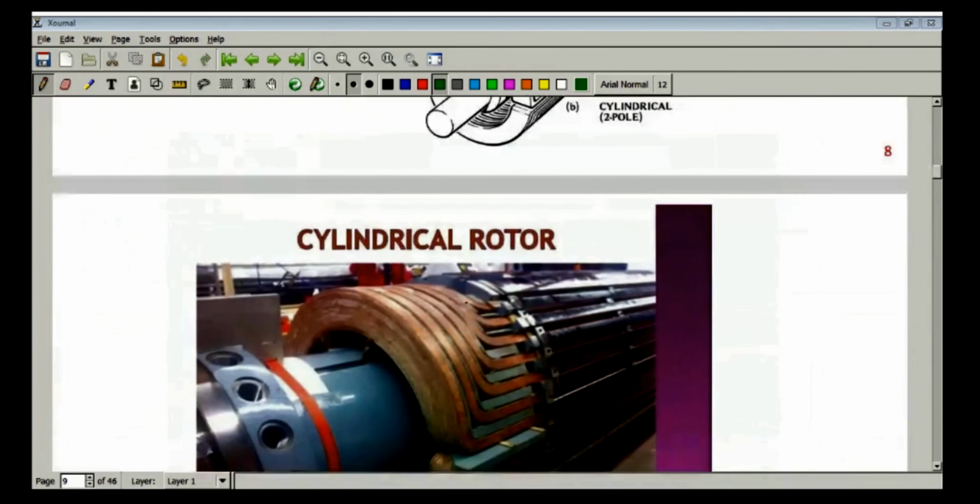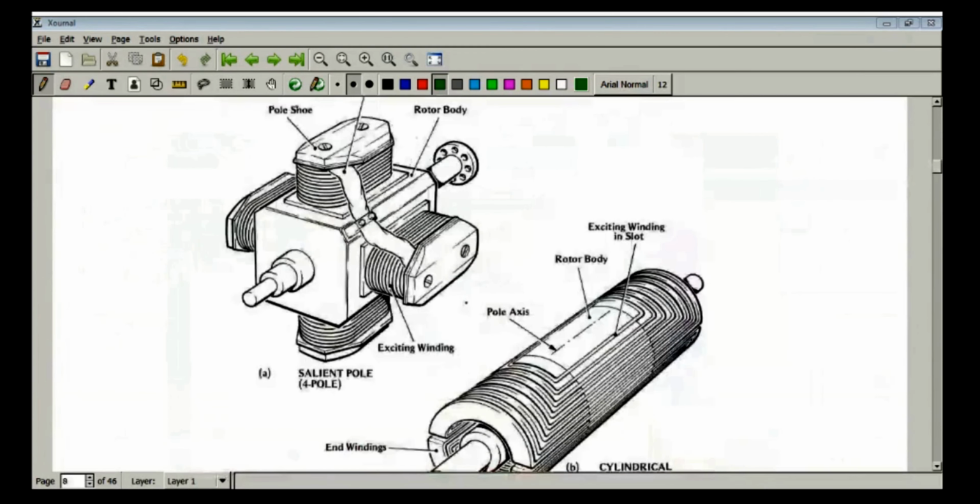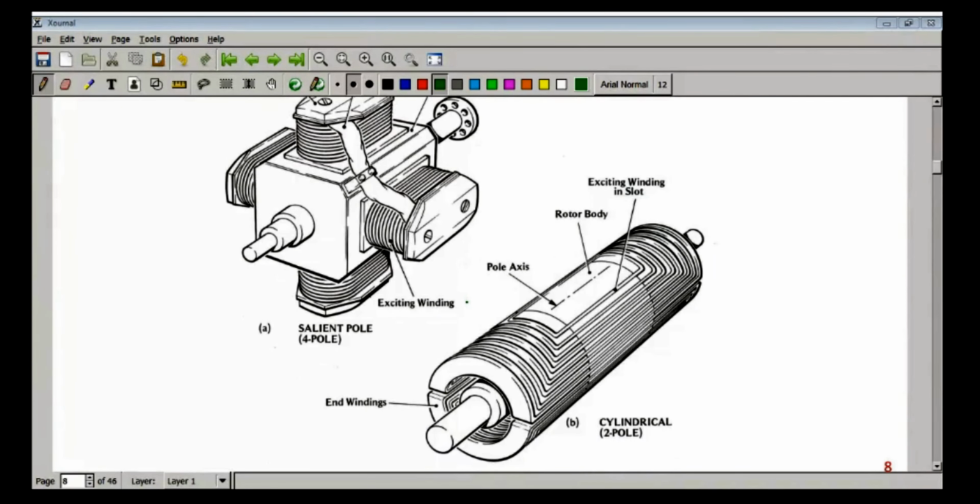Let us say this is our field winding. So these field windings are placed, how they are placed, if I just show you like this. This is one field winding. You can see this field winding is moving in a concentric manner.